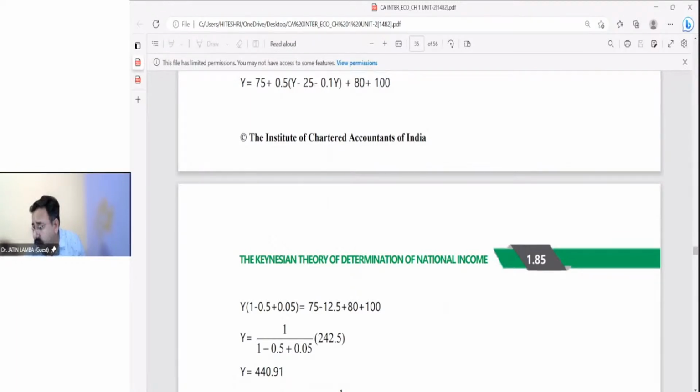Pranav is saying, but the tax factor is also there. It should be adjusted first.